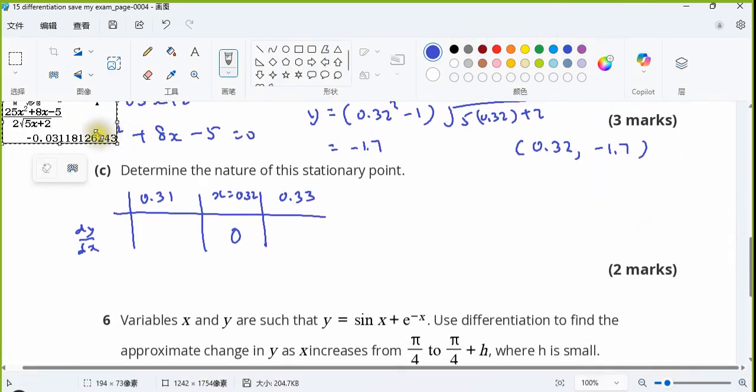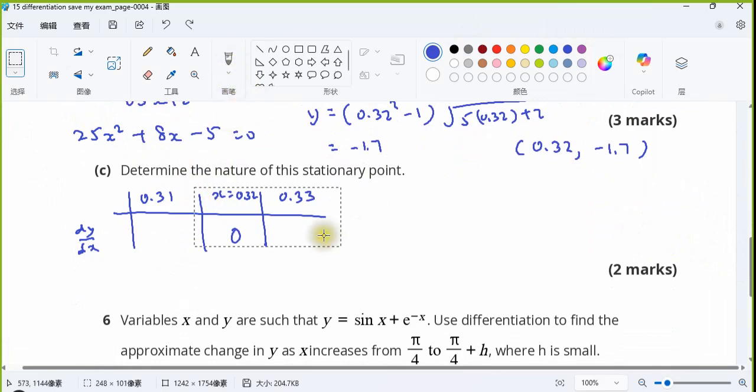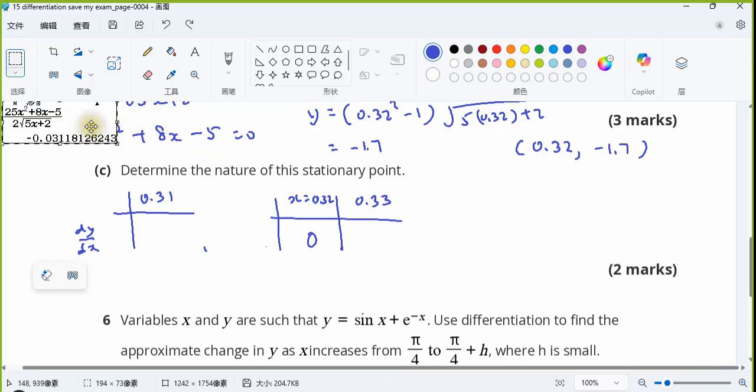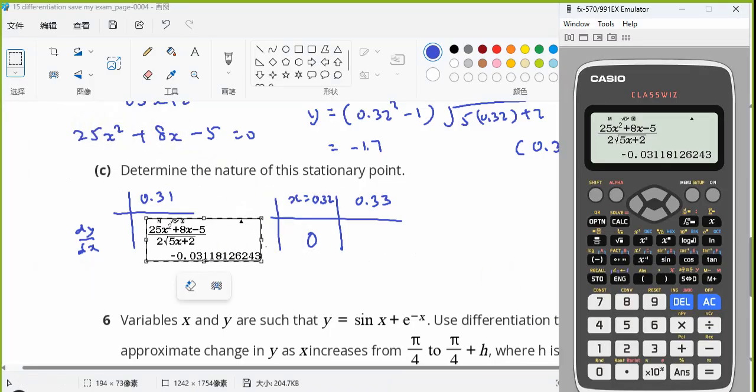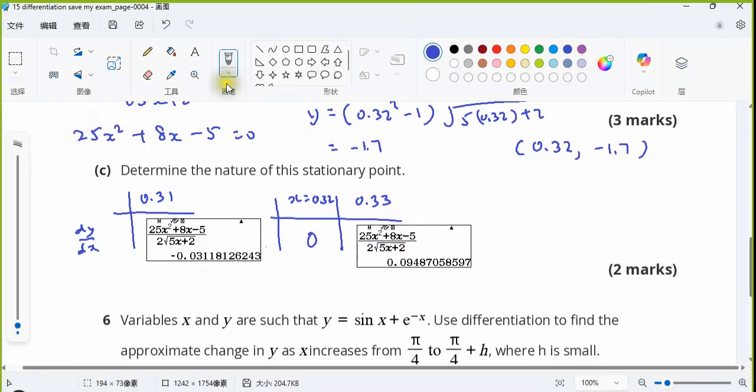Okay, so this is negative, and then 0.33 is positive, so the shape will be downward, upward. So combined it is like this. So this is a minimum point.